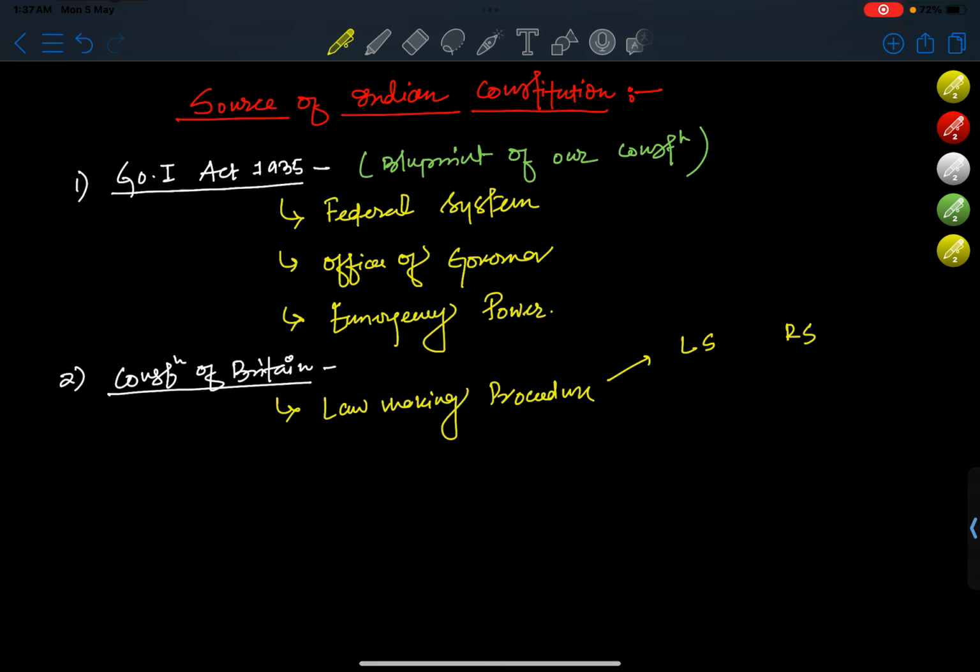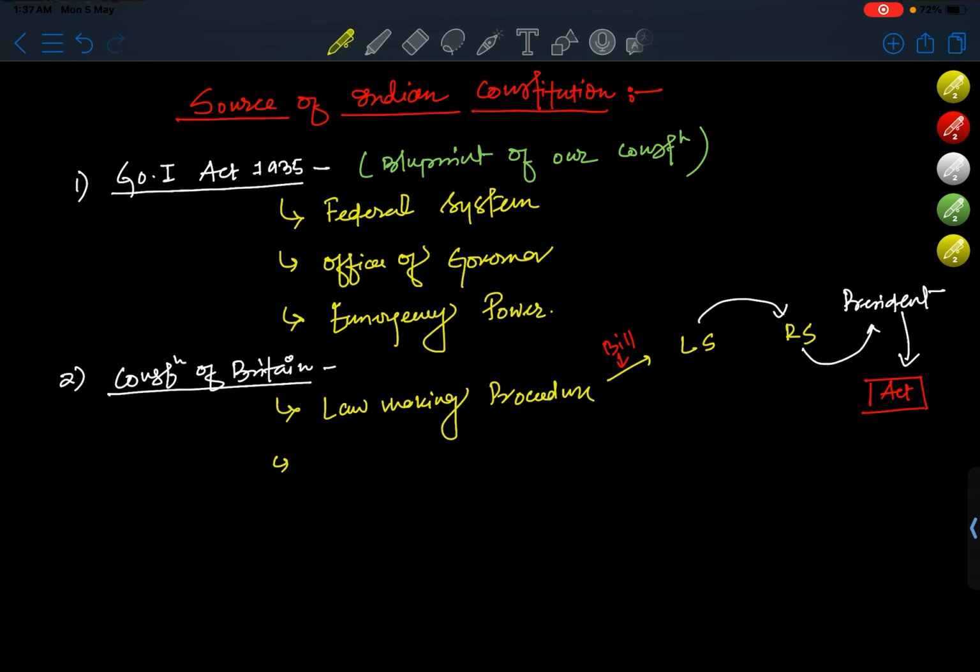So if a bill is introduced in the Lok Sabha, after passing from the Lok Sabha, it will go to the Rajya Sabha, and if it is passed by the Rajya Sabha, then it will go to the President. And when the bill gets the assent of the President, at that time it becomes an act. Before that it is only a bill. So this process was taken from the British Constitution.